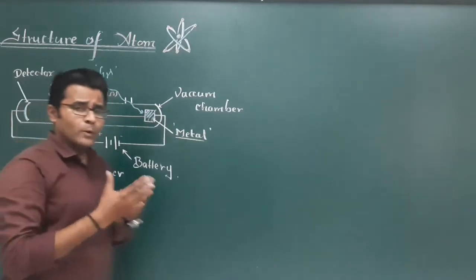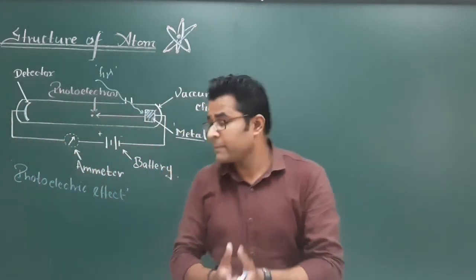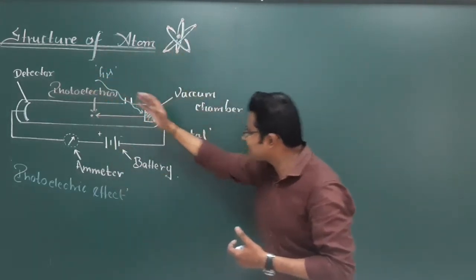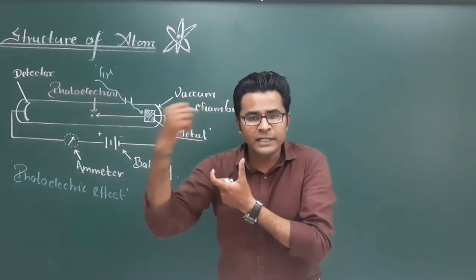So, what is the photoelectric effect? The photoelectric effect is a phenomenon wherein a radiation of suitable frequency is incident on the surface of a metal, and that metal gives out an electron.